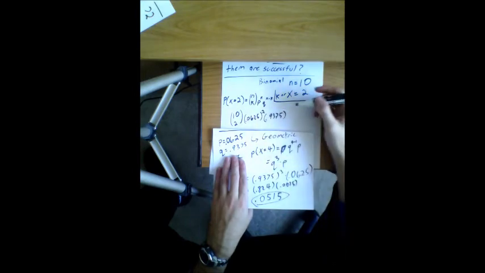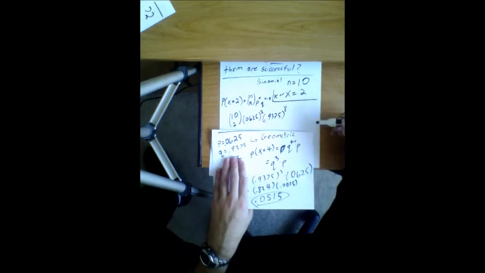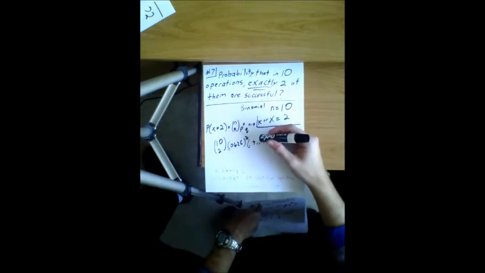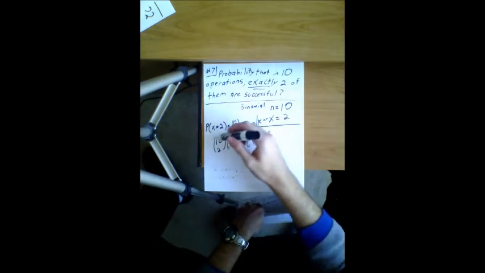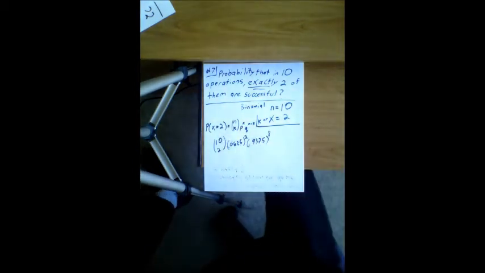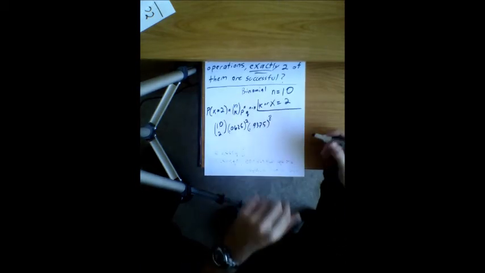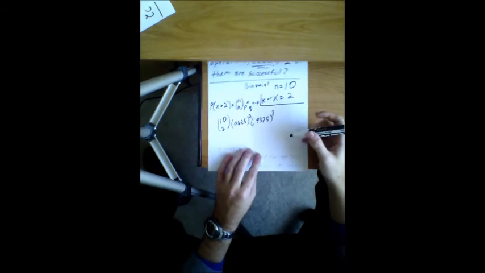Let's raise this to the, n was 10, k was 2, so 10 minus 2 gives us 8. This makes sense: if we're going to get exactly 2 successful, we've got 2 successes and 8 failures. This term on the left side just deals with the number of ways we can have this happen. So first, let's calculate what is 10 take 2.